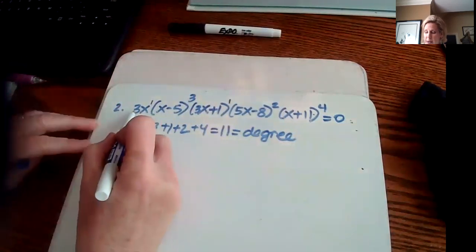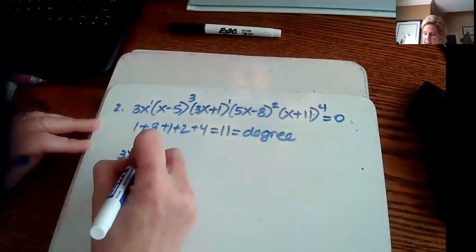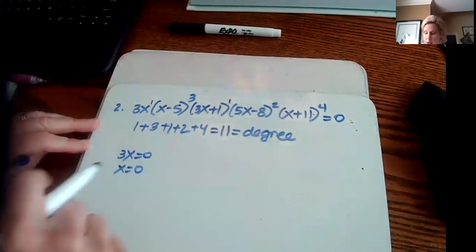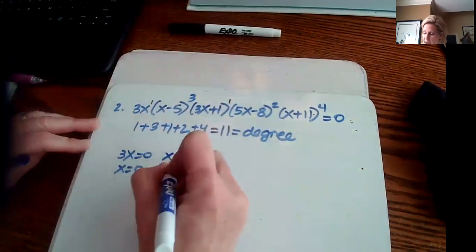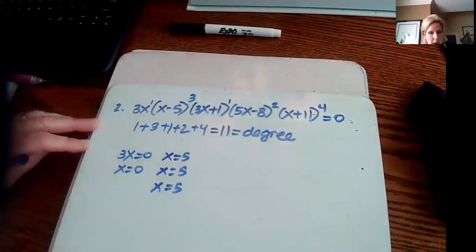So from the 3x to the first, I should get, remember, if 3x equals 0, that just means divide by 3, x equals 0. For x minus 5 cubed, I'm going to get x equals 5 three times. Now, this is an odd way to write it, but this is technically what it means.